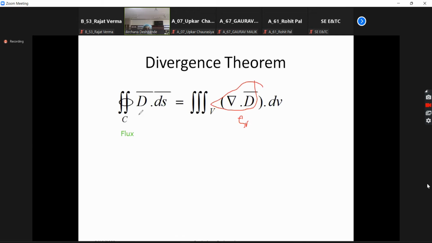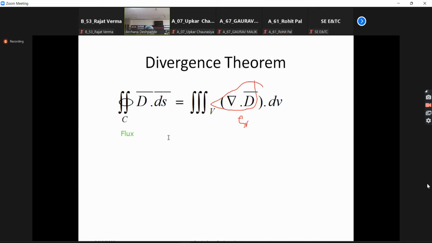Okay, so we are relating, using the divergence theorem, a closed surface integral with a volume integral. Whenever you consider some closed surface, suppose a cube, there is some volume inside it, a volume which is trapped inside these closed surfaces.